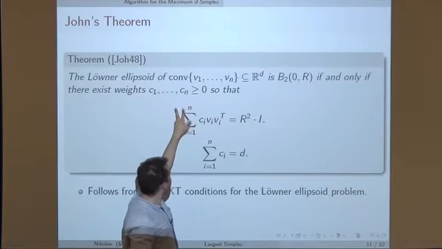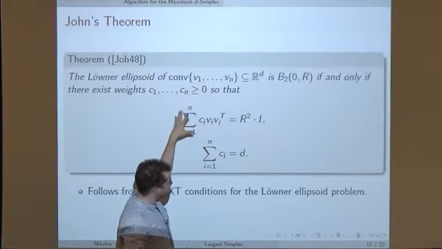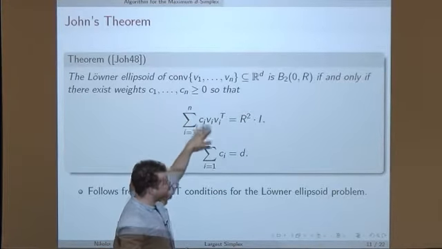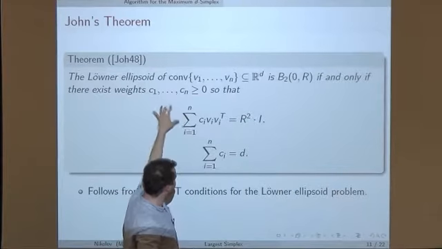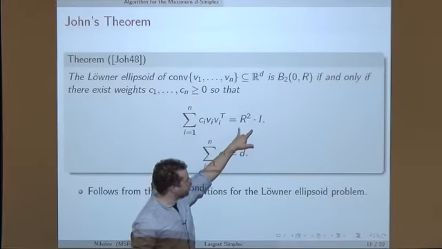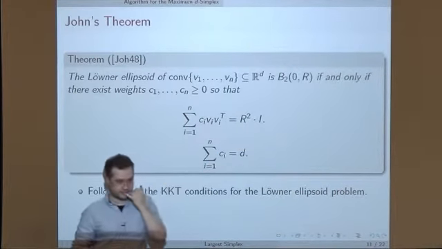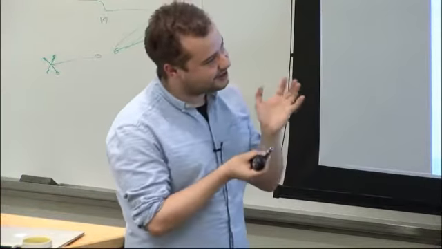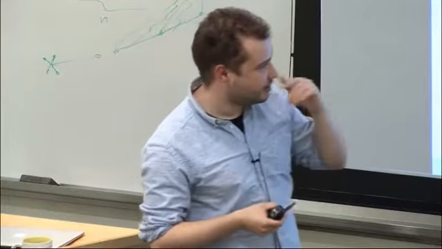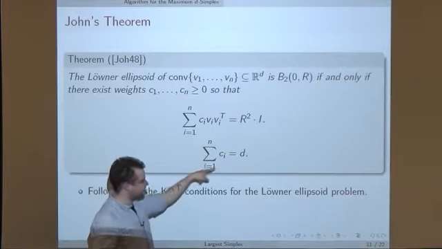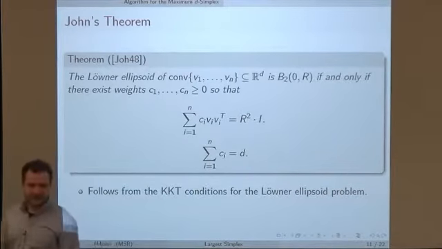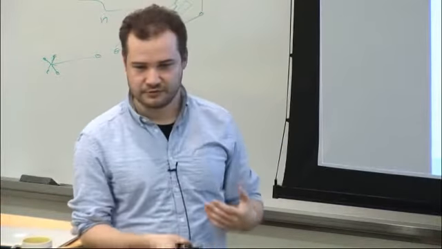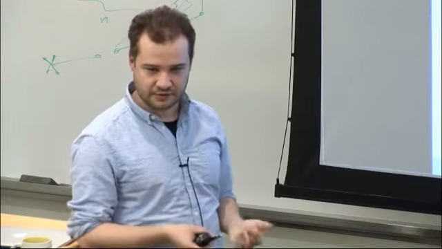So the Löwner ellipsoid is a ball of radius r if and only if there exist weights such that this thing is equal to the radius squared times the identity matrix. And the other thing is that the weights have to sum up to d. This is just what you get from writing down the KKT conditions for the smallest volume containing ellipsoid problem.